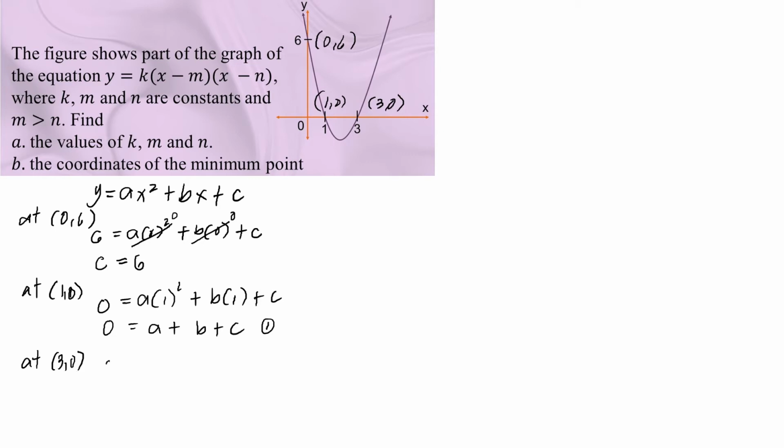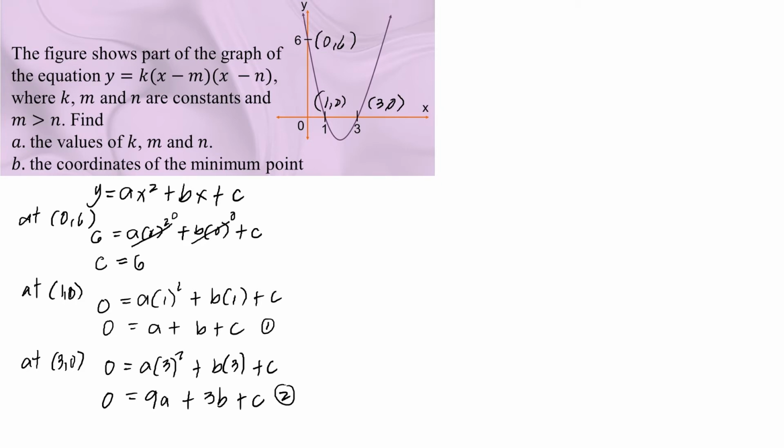So, we have 0 is equal to a times 3 squared plus b times 3 plus c. Sunod, meron tayong a times 3 squared. So, we have 9a plus 3b plus c. Label natin to as equation number 2.